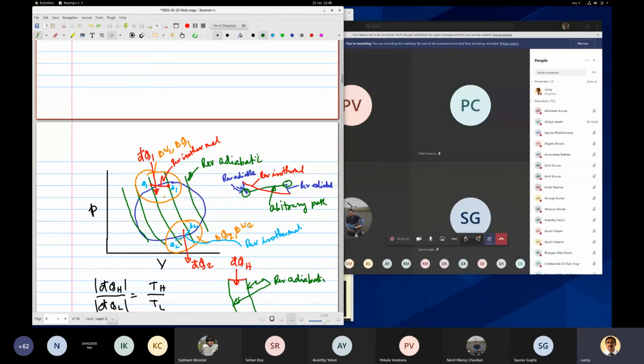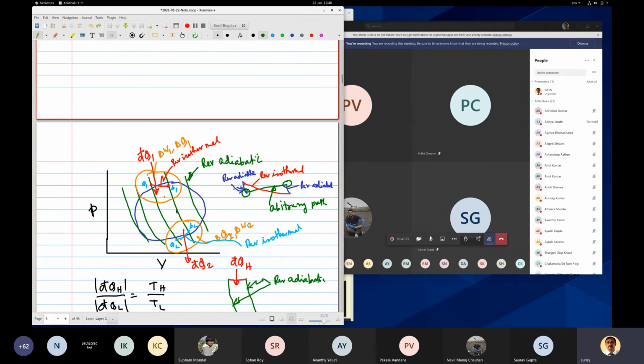So let this be some cyclic process. What we'll do is put several reversible adiabatic paths through it. We have said that 2 reversible adiabatic paths can never meet, so they are all parallel.